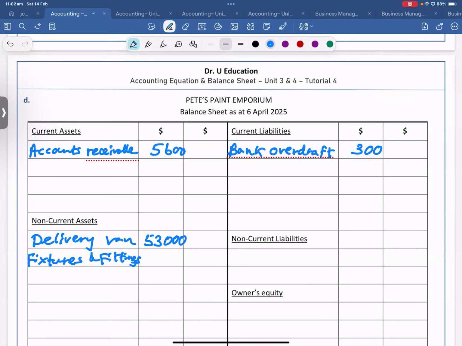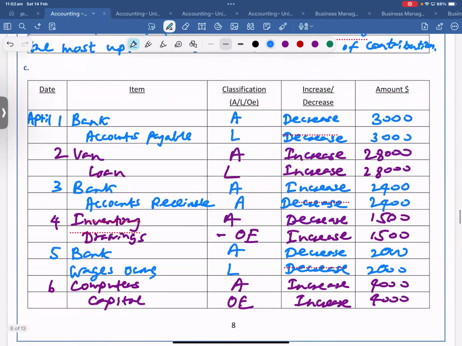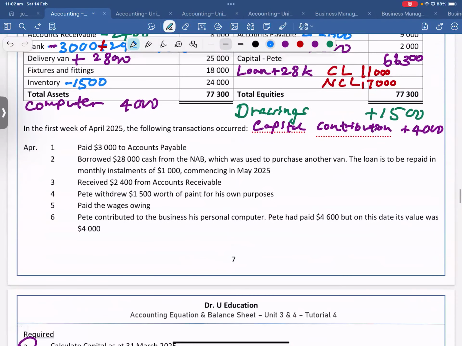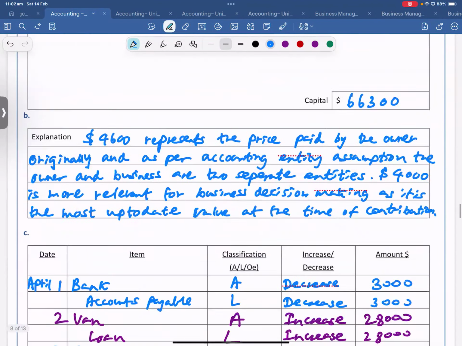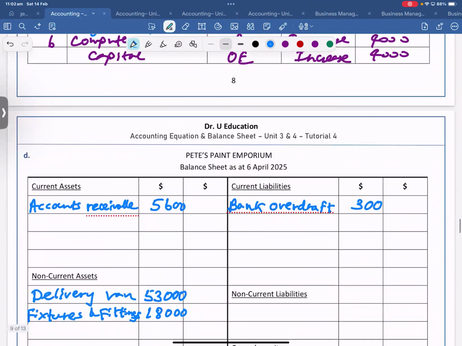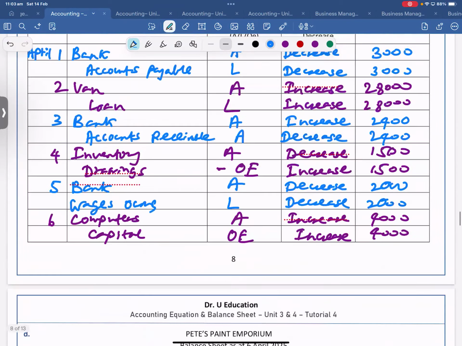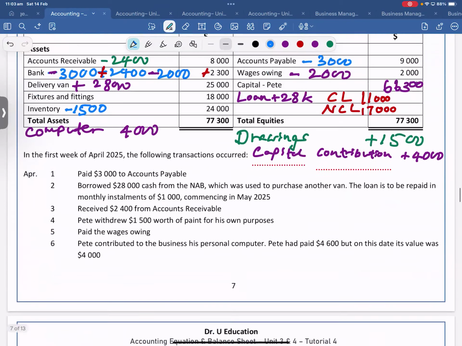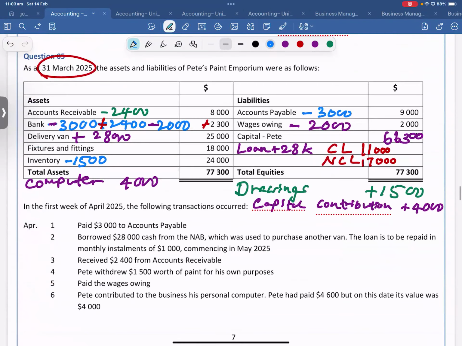Fixtures and fittings, how much? 18,000. Right, next one. Inventory, 22,500. Which is a current asset. Then 400, and then computer.